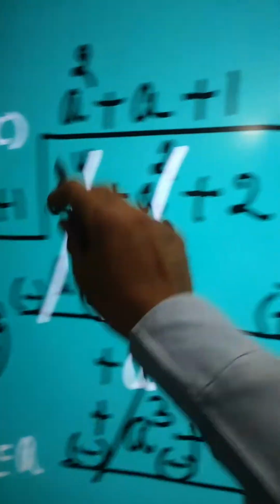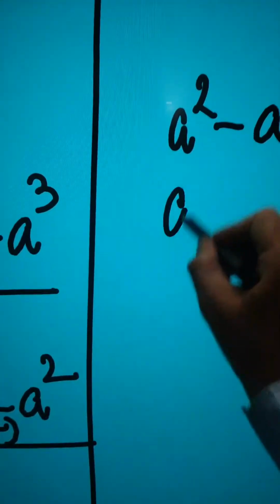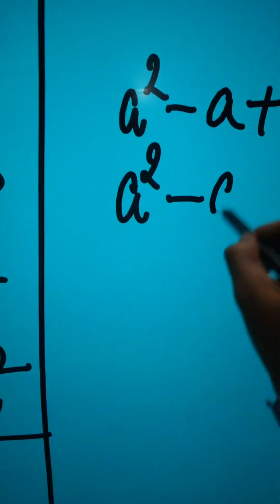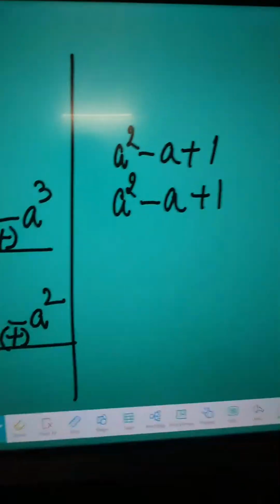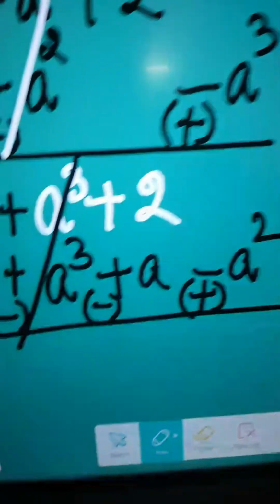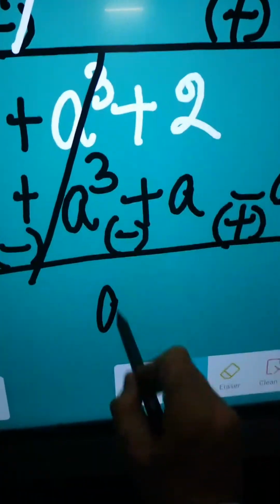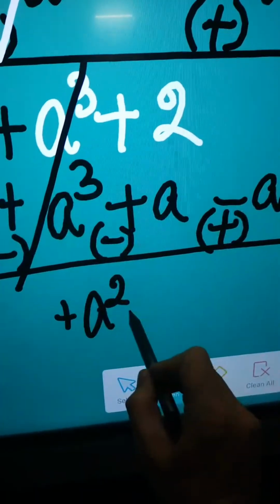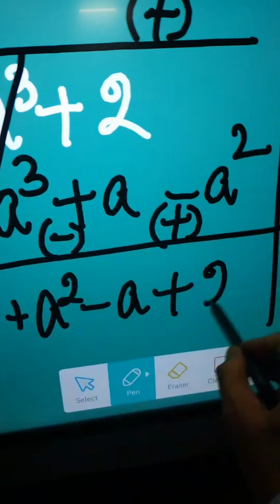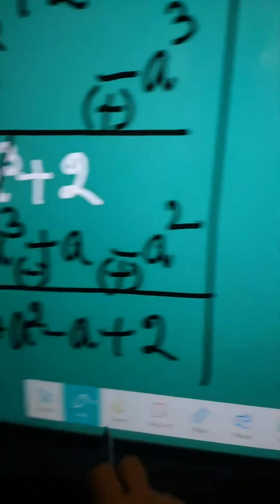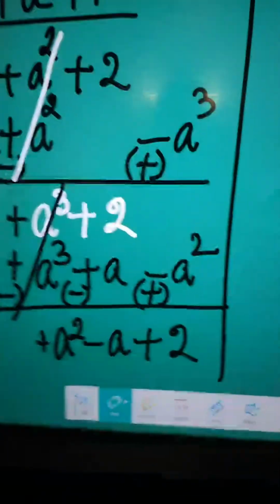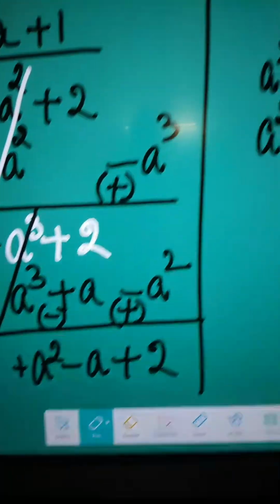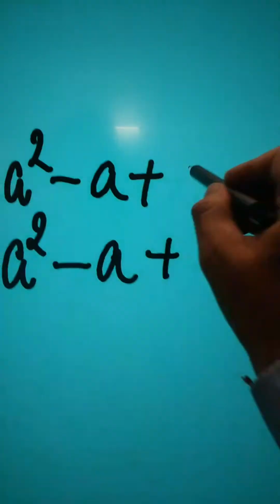So when you multiply, it will come here as a² minus a plus 1. Here it was a² minus a plus 2, or was it plus 2? Yes, so there is an error. Let's correct the error. The remainder was this, so I have to write a² minus a plus 2 here.